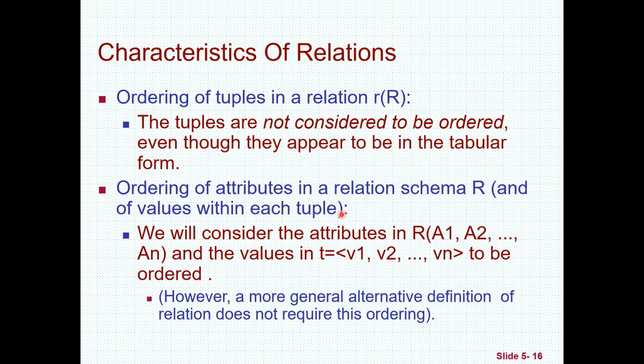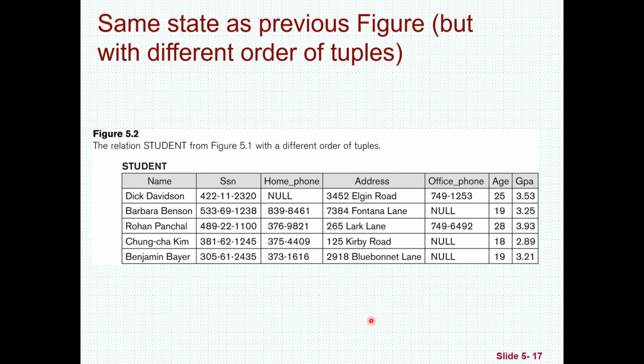We consider the attributes A1, A2 and the values value 1, value 2 to be ordered. However, the definition of relation does not require this ordering. This is the same state as the previous figure, but with a different order of tuples. Here the tuples are not ordered; it doesn't matter in which order they appear.